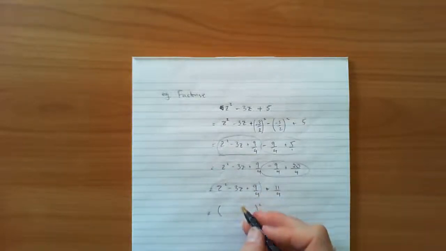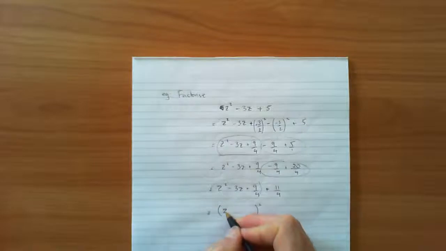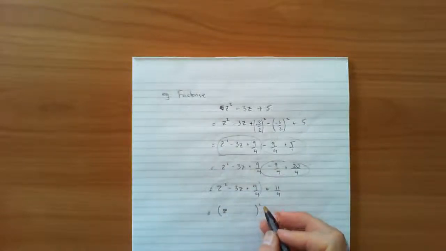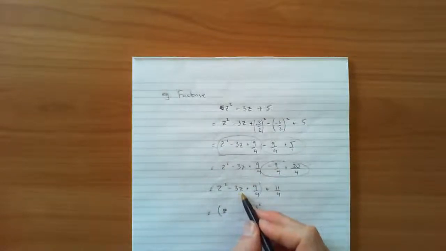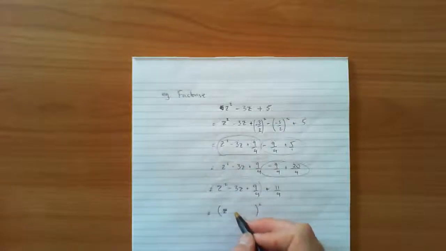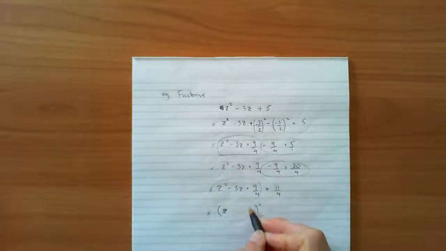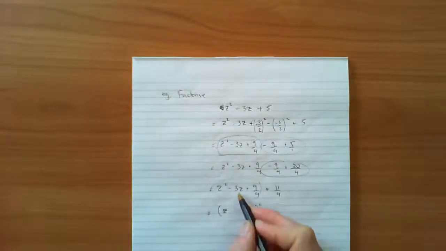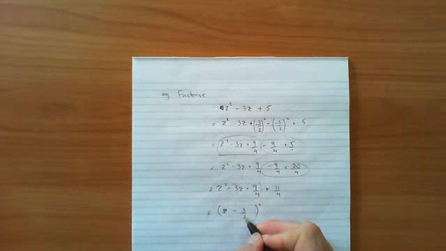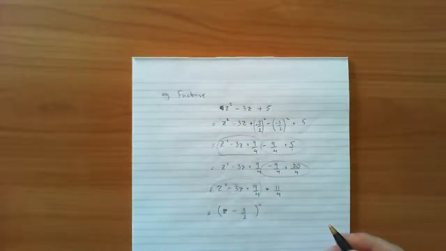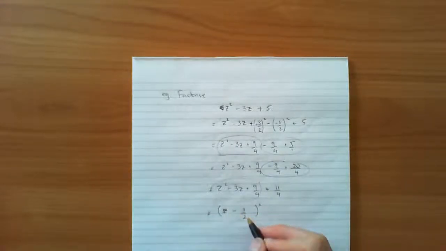So when we factorize this, it's going to be z, and the other term that comes in here is whatever we got when we halved this coefficient. So when we halved that coefficient, we got negative 3 over 2. So that's what goes in the bracket there.